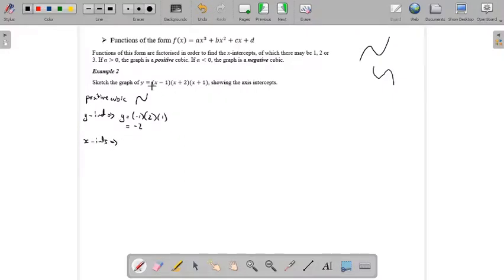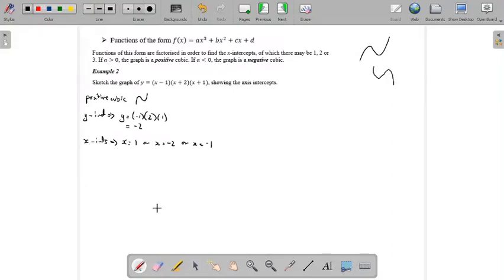Our x-intercepts are really easy to see when it's in this form, because when y equals 0 and we apply the null factor law, then we're left with x equals 1, because 1 minus 1 is 0, or x equals negative 2, or x equals negative 1.